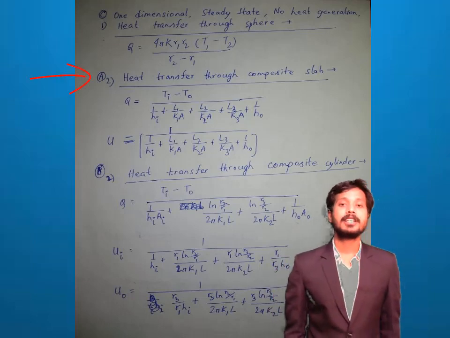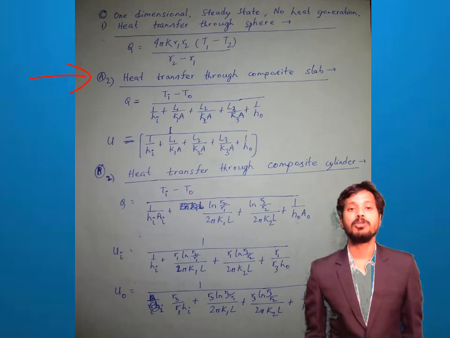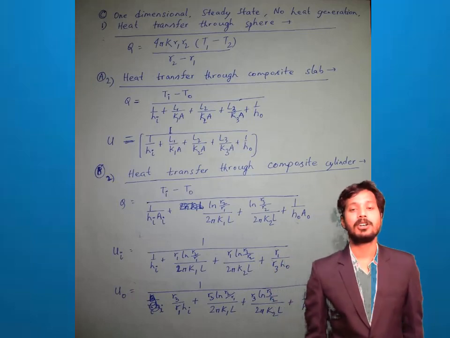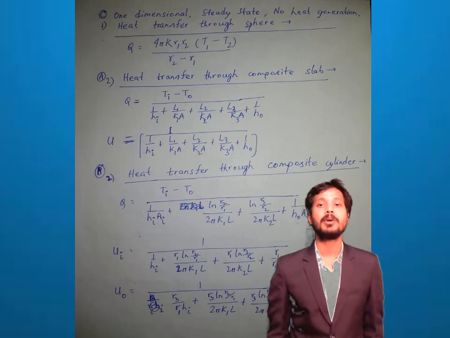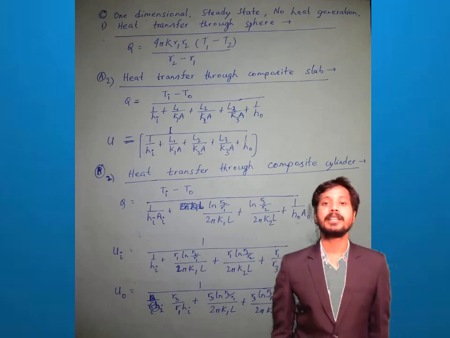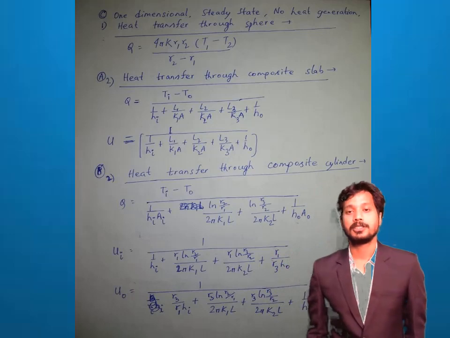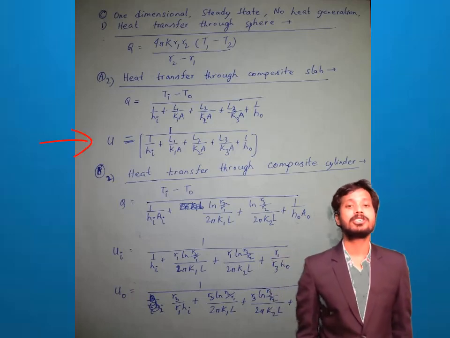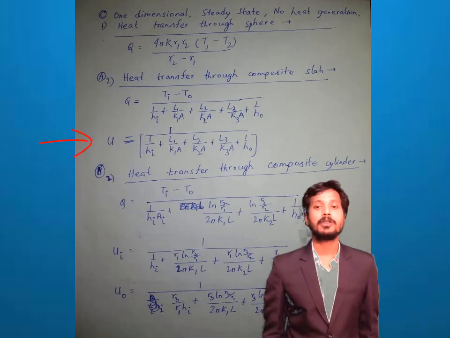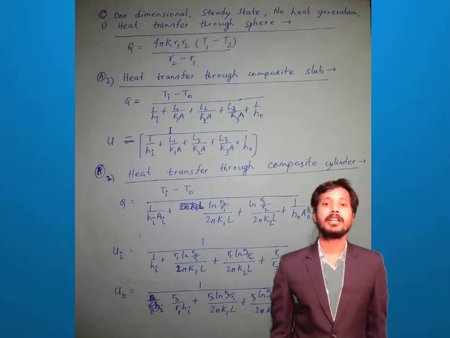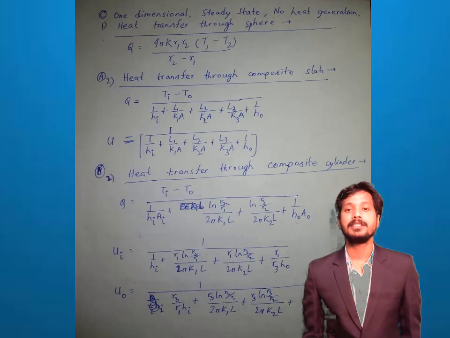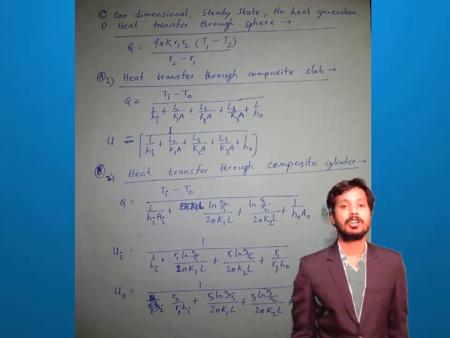Next, heat transfer through a composite slab: Q = (Ti − T0)/(1/(hi A) + L1/(K1 A) + L2/(K2 A) + L3/(K3 A) + 1/(h0 A)). The overall heat transfer coefficient U = 1/(1/hi + L1/K1 + L2/K2 + L3/K3 + 1/h0).